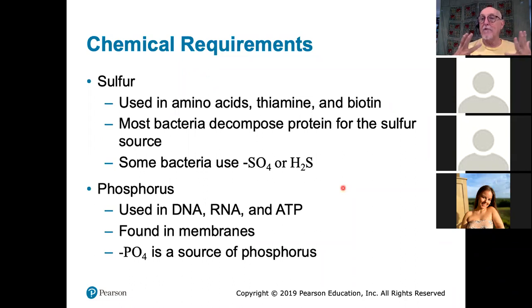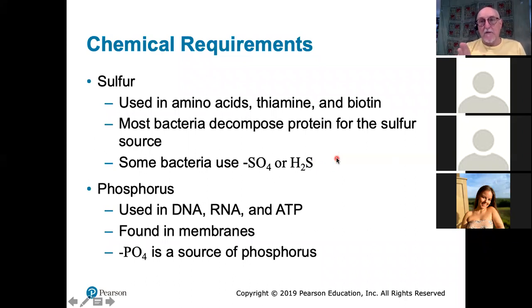And again, we require a source; most heterotrophs acquire their sulfur from their food. There are some very interesting prokaryotes which are actually able to break down protein, for example, deliberately as a source of sulfur. Others can use inorganic sources, things like sulfate ions and hydrogen sulfide.